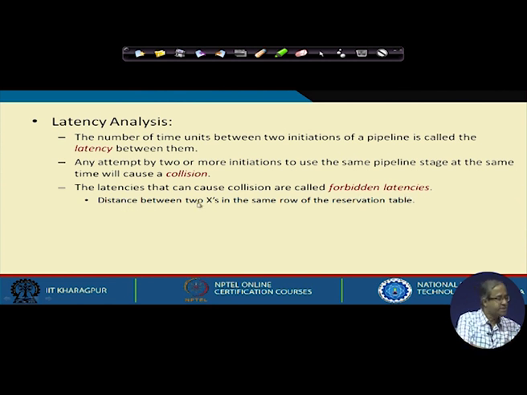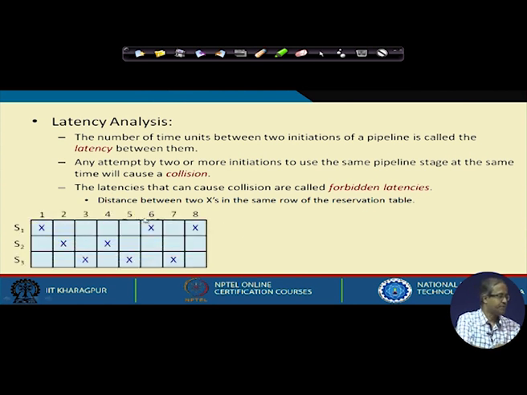So, how can we estimate the forbidden latencies? We can simply calculate the distance between two check marks in the rows of the reservation table. Let us take an example. Let us see the first example, the reservation table for x. You see here there are so many check marks.